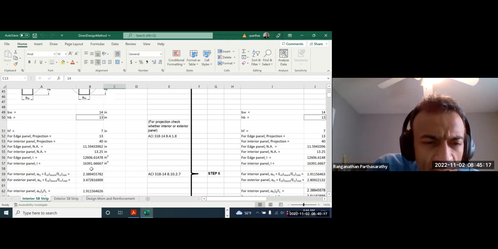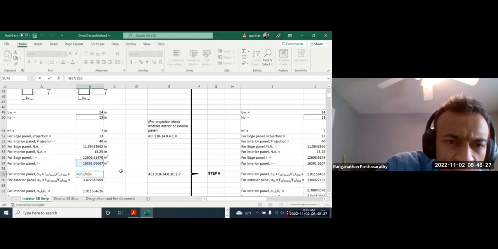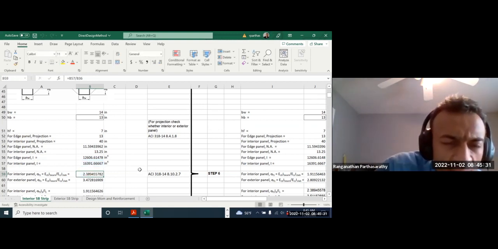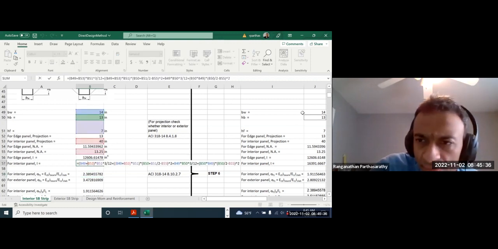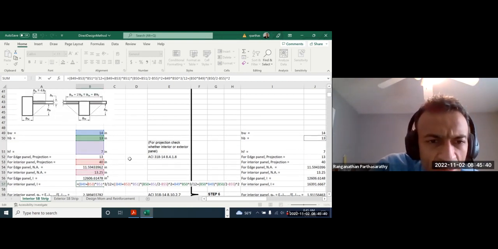Okay, here. So alpha F1 is I beam over I slab. Now I beam is coming from here, so moment of inertia of beam. This is the effective beam.